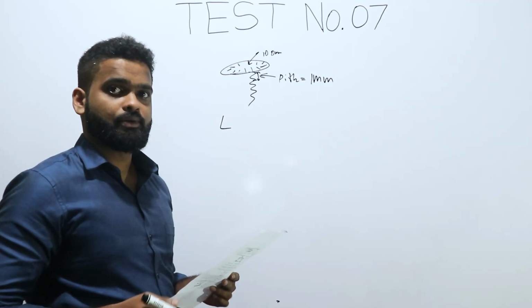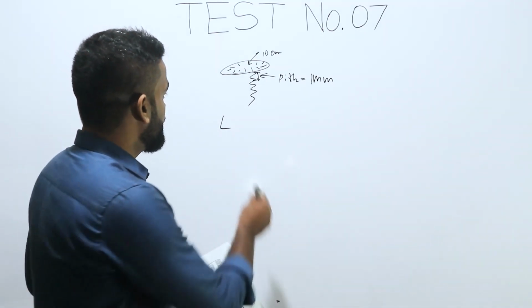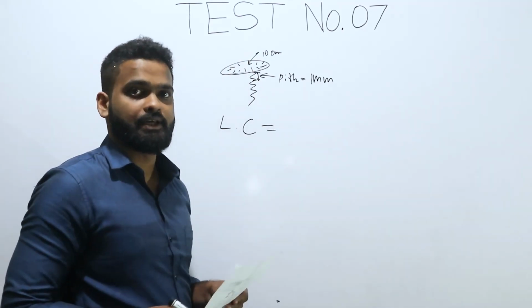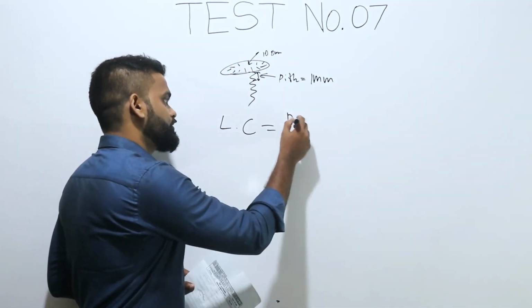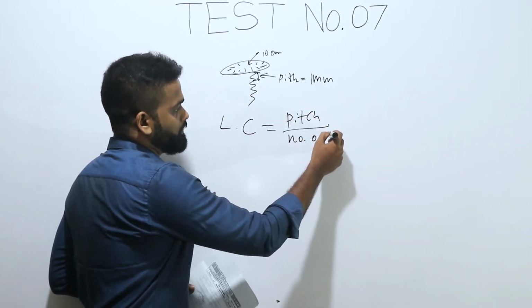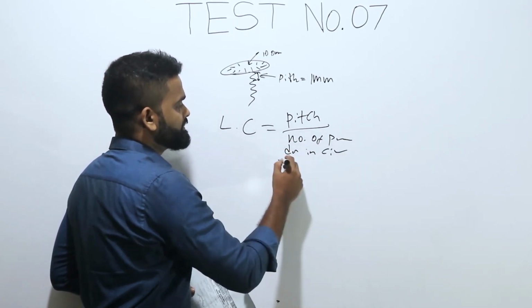So in a screw gauge, how do you find the least count? We have this equation. Least count of a screw gauge is equal to pitch divided by the number of parts divided in the circular scale.